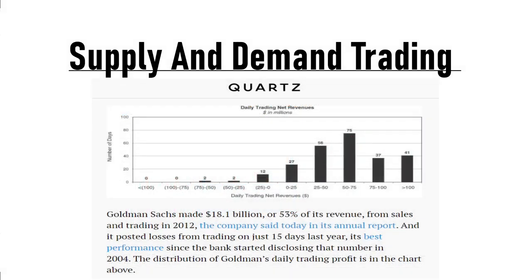If you look at this, Goldman Sachs made 18.1 billion, or 53% of its revenue from sales and trading in 2012. The company said today in its annual report, and it posted losses from trading on just 15 days last year. Its best performance since the bank started disclosing that number in 2004.